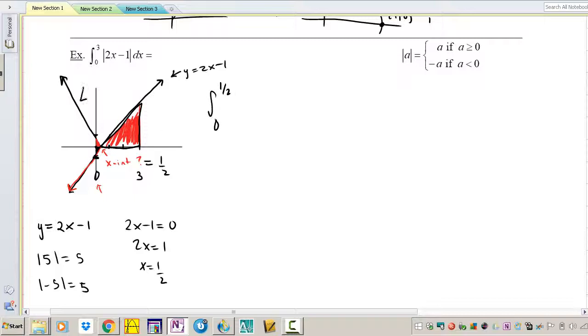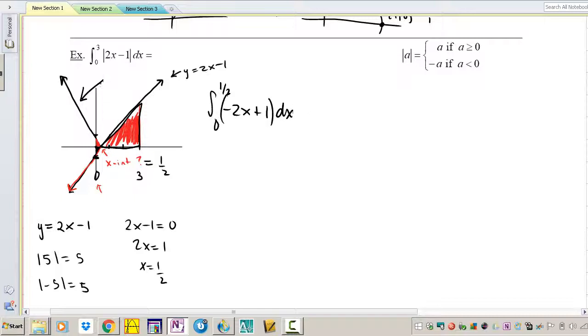But if you notice, that flipped part of the negative part of the function is not the same thing as 2x minus 1. What is it? We flipped it. So when you flip something across the x-axis, you negate the function, and really that function is negative 2x plus 1 dx.